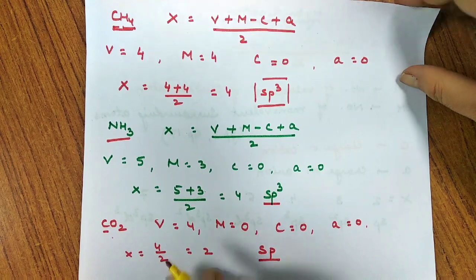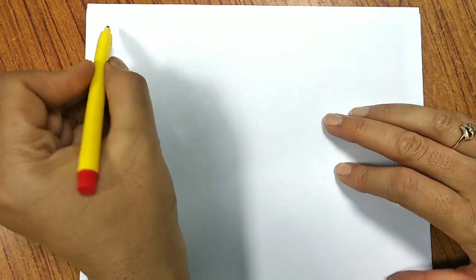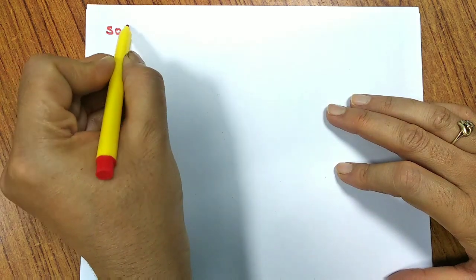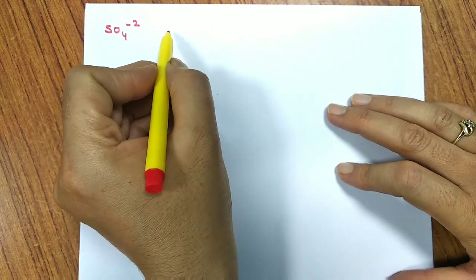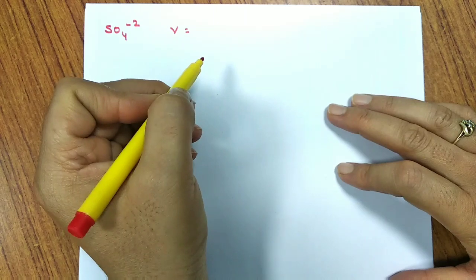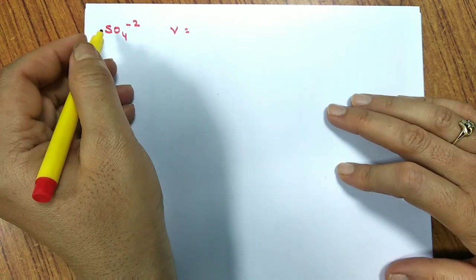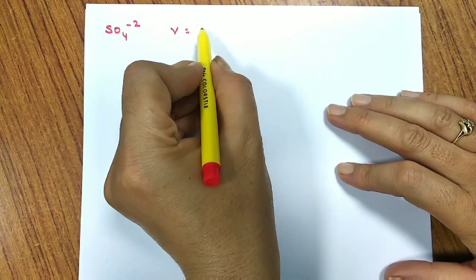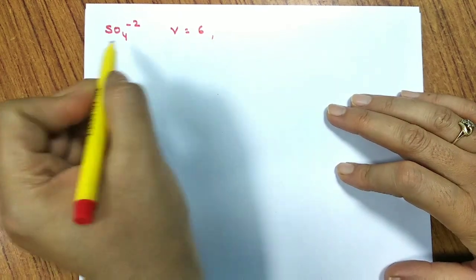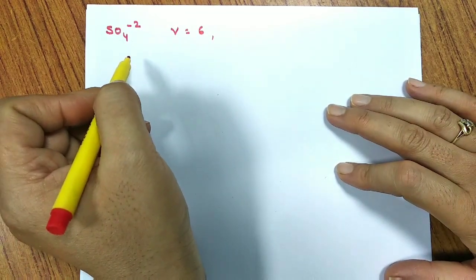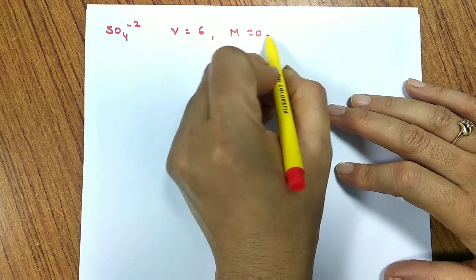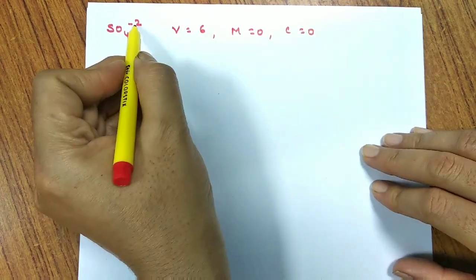Let us talk about certain species that contain charge in them. Let us take SO4 minus 2. V for sulfur: sulfur belongs to the 16th group, that means the oxygen family. If V for oxygen is 6, then sulfur will also be 6. M is 0, C is 0, but A is 2.